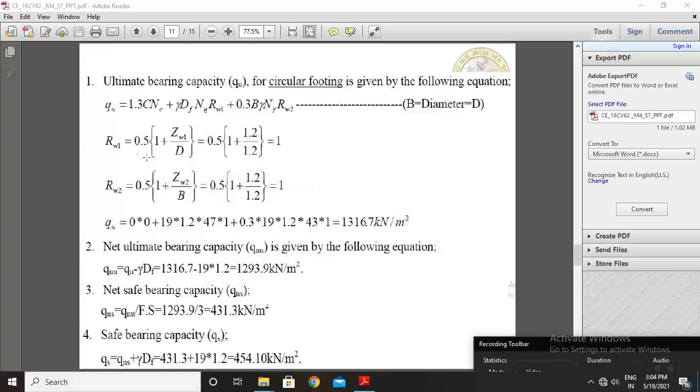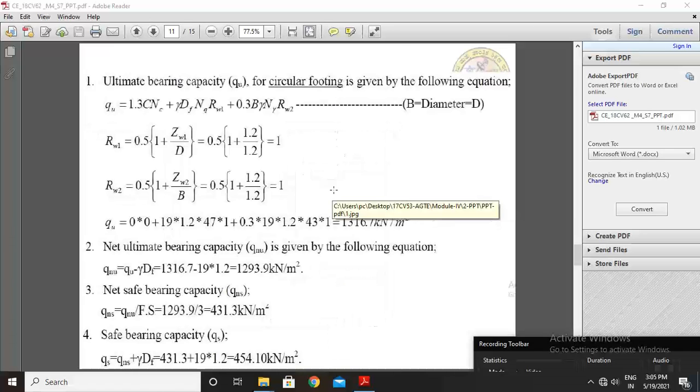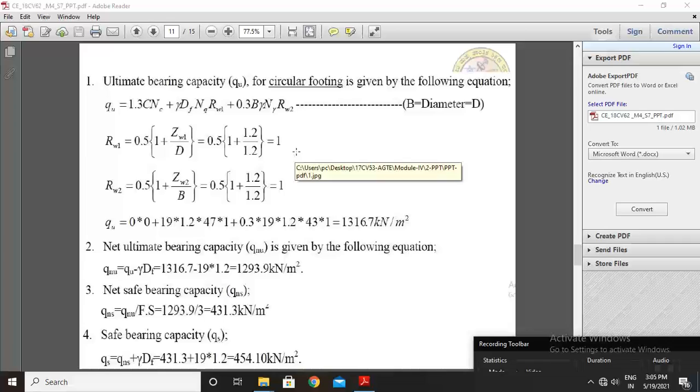Now calculate the water reduction factor once again. RW1 is given by 0.5 times 1 plus ZW1 by D. Substitute the values: ZW1 is 1.2 meters, divided by D, the depth of the footing, which is 1.2. Solving this equation we get 1.